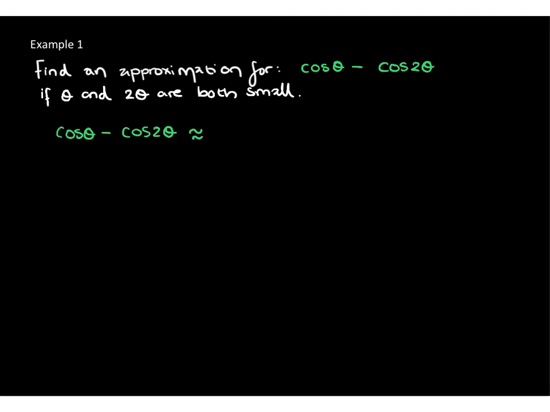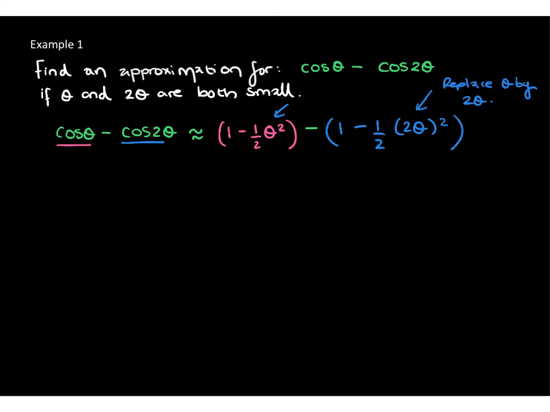We want to use the approximately symbol, the wiggly equals sign. Well, we know that cos theta is approximately 1 minus a half theta squared from the work that we've just done. And we're subtracting from that cos 2 theta, which means I want to take this approximation and I want to replace theta with 2 theta in the approximation.